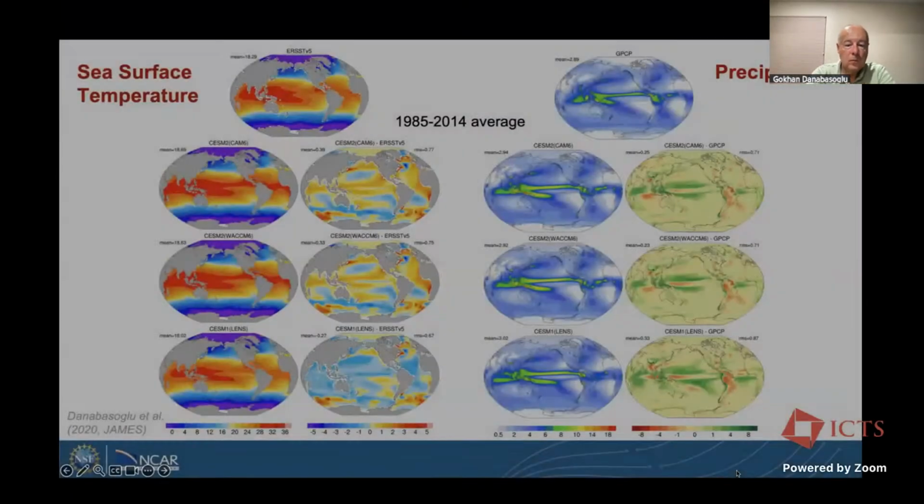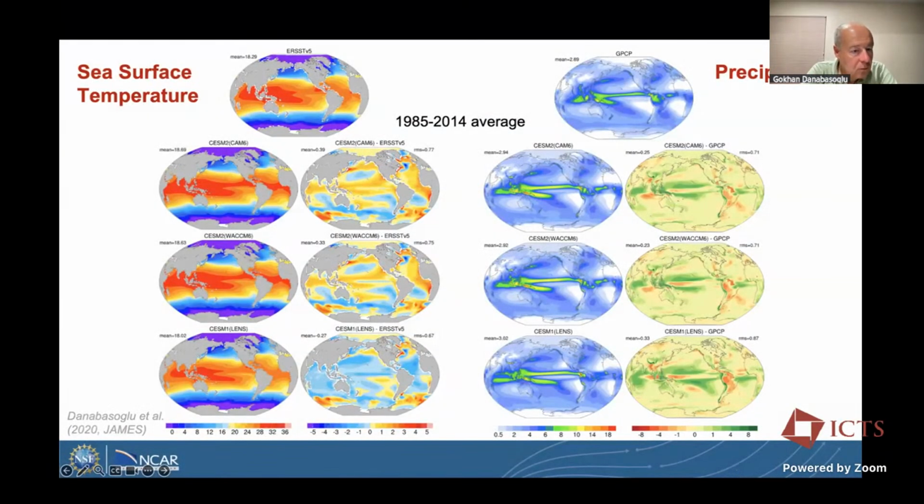Simulating the variability correctly is important for seasonal prediction as well. Here the interannual variation of the monthly mean or seasonal mean SST is of the order of 0.5 degrees Celsius. But if your bias is 1.5 degrees, we have a big problem in making the seasonal prediction.